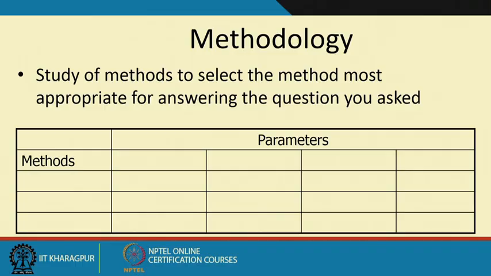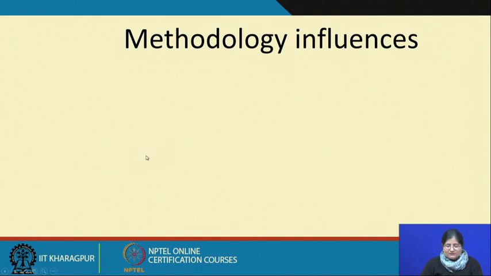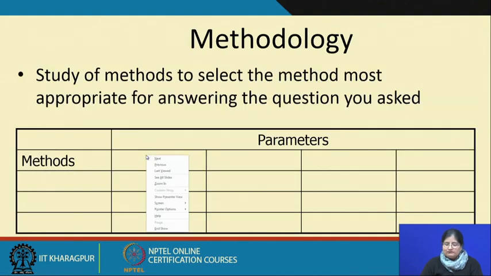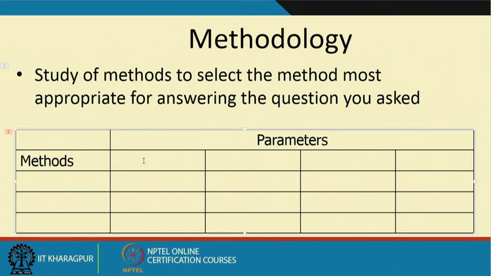You can't use all those 8, 10, 12 methods. So what do you do? You then put them out in the form of a table, and over here in the parameters section you write down here. Let me show you how I like to do it, and that's why I kept it empty.